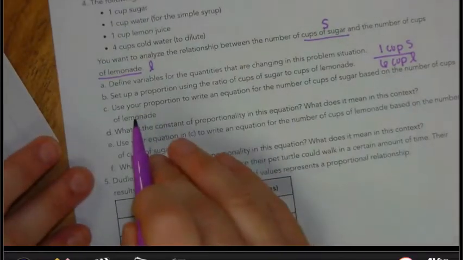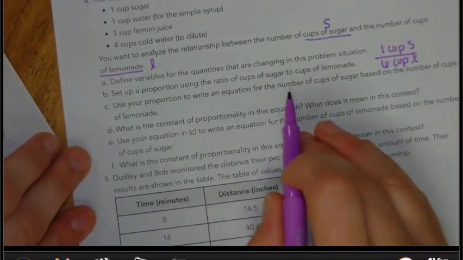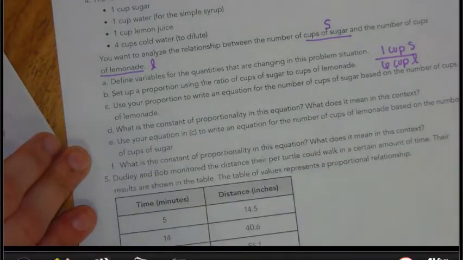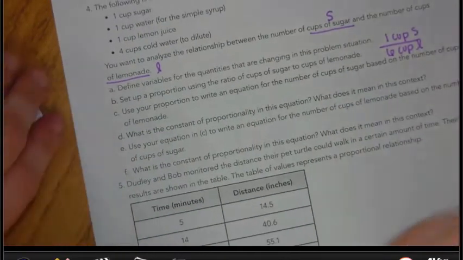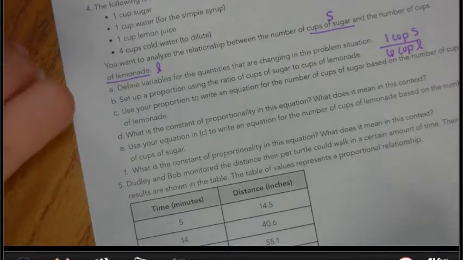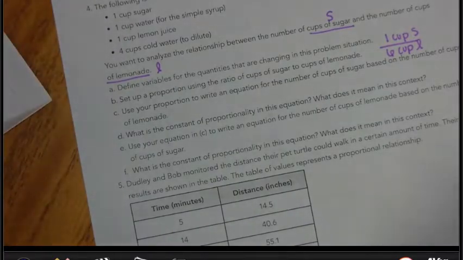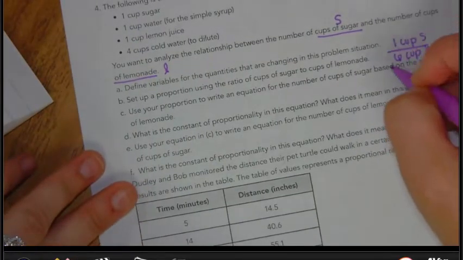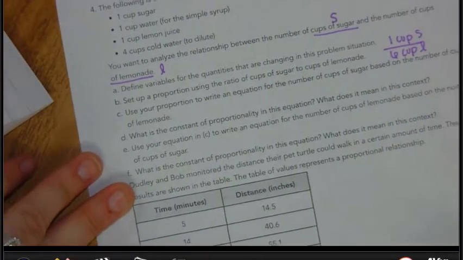All right. Use your proportion to write an equation for the number of cups of sugar based on the number of cups of lemonade. So what I'm looking at here is, what is my constant of proportionality? What is my K value? Well, right now my K value is 1 over 6.